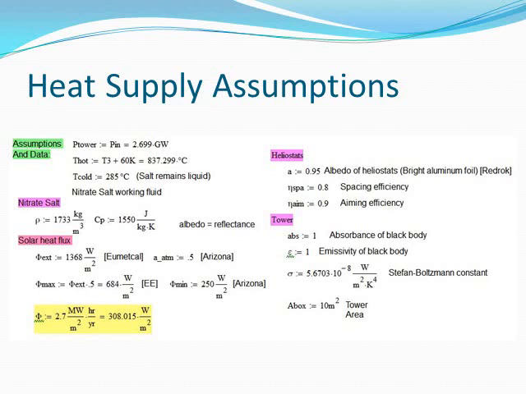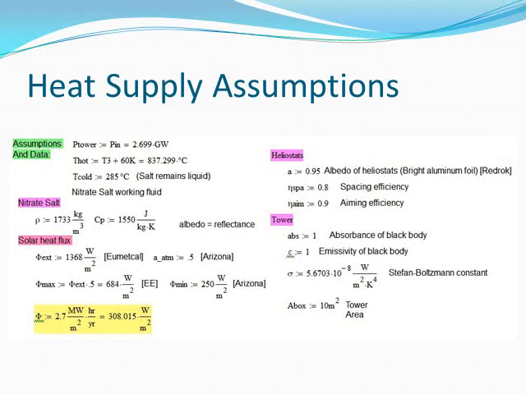The aiming efficiency of 0.9 assumes that 90% of the heat transferred off of the mirrors makes it to the tower. The absorbance of a black body and the emissivity of a black body were assumed for the tower, so that it would be an ideal heat absorber.